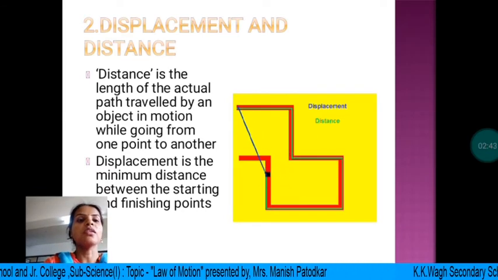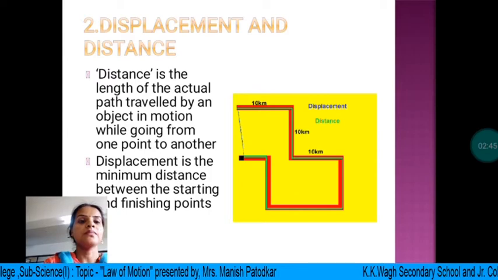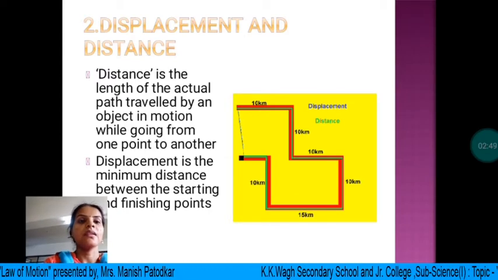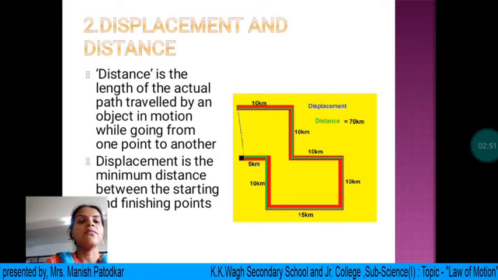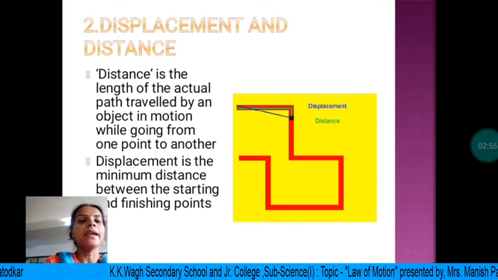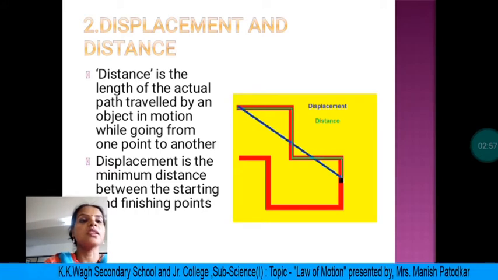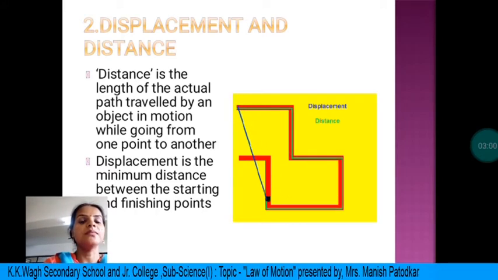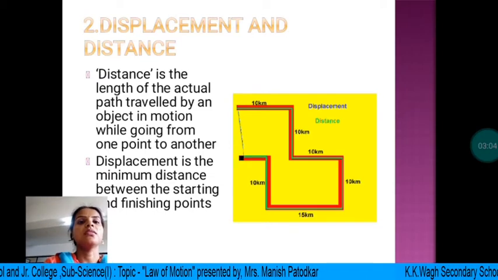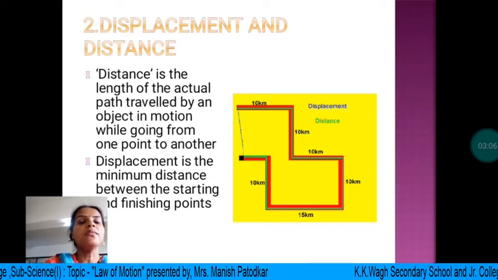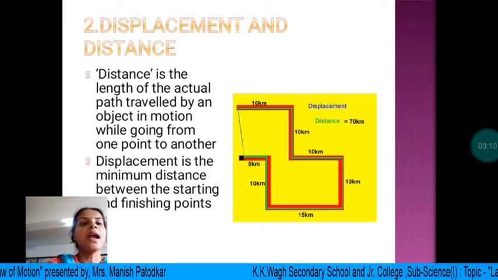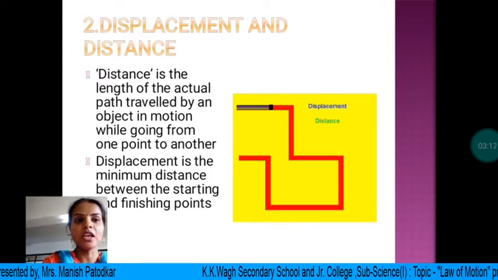Here one activity is given. The starting point and end point are given. There were two cases. In the first case, point A is the starting point, and it covers the distance 10, 10, 10 and so on. So the distance is the actual length covered from point A to point B. The total distance covered by the arrow is about 70 km.